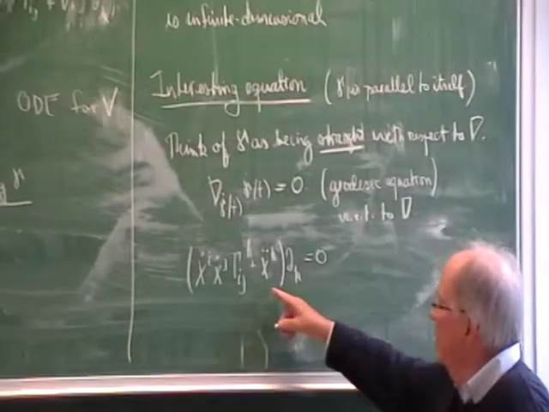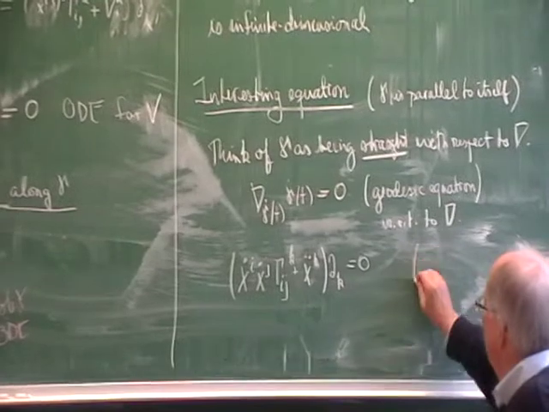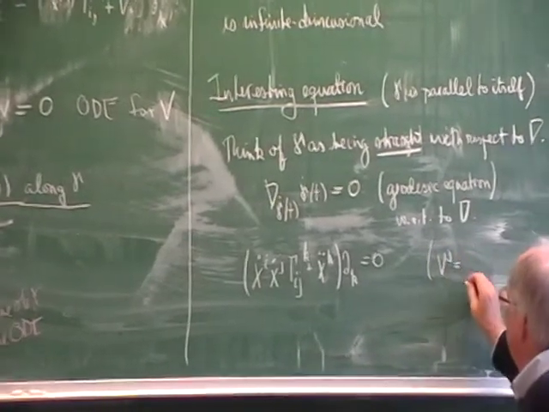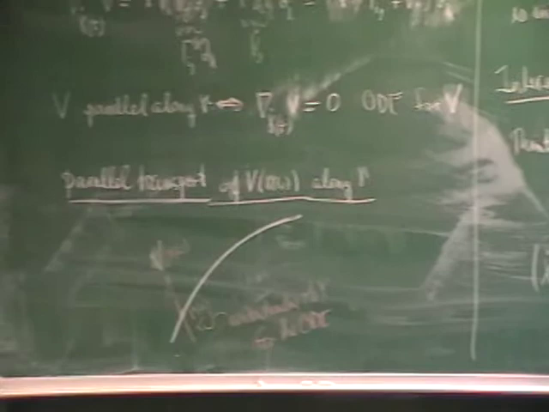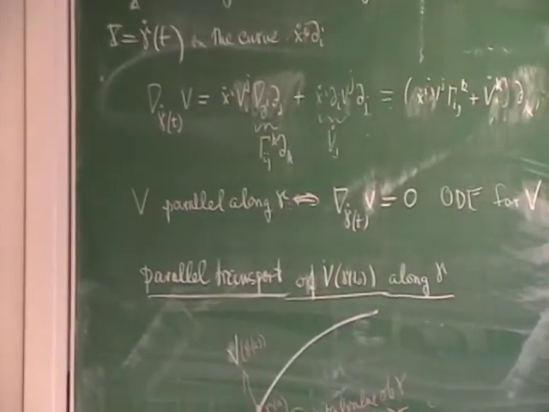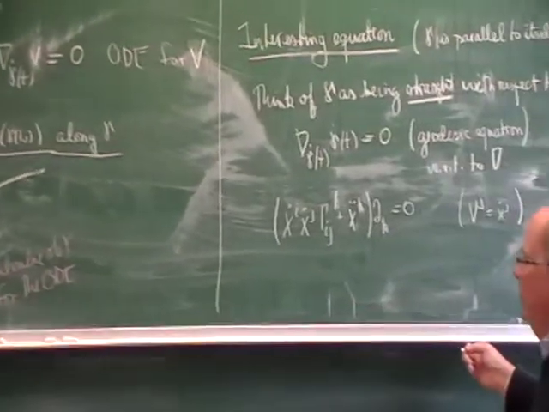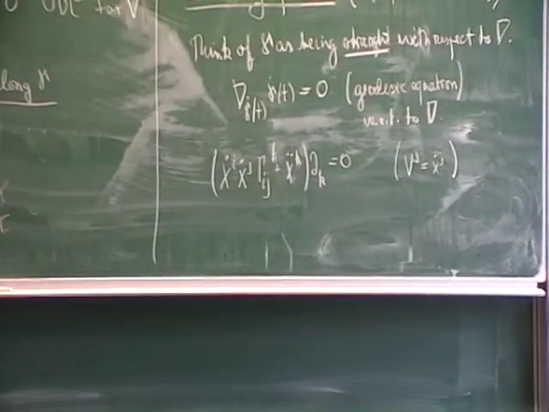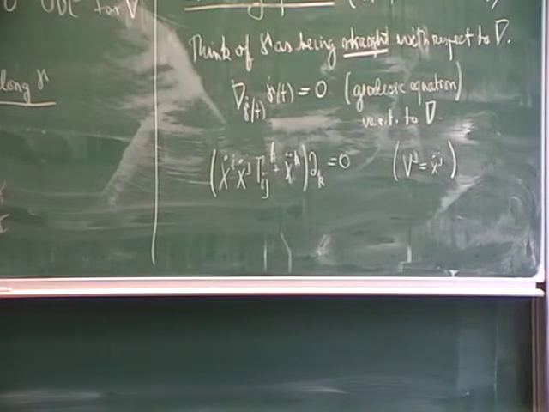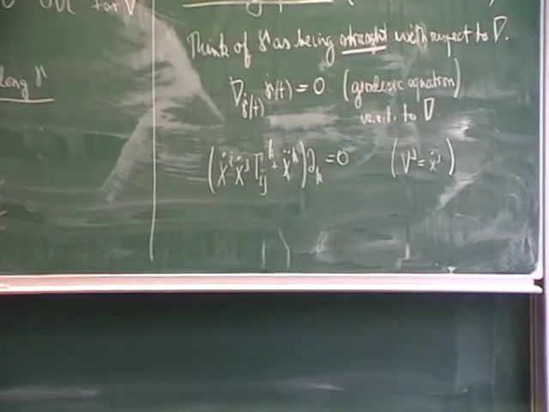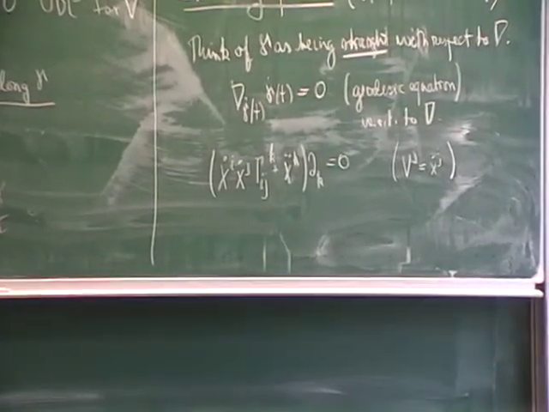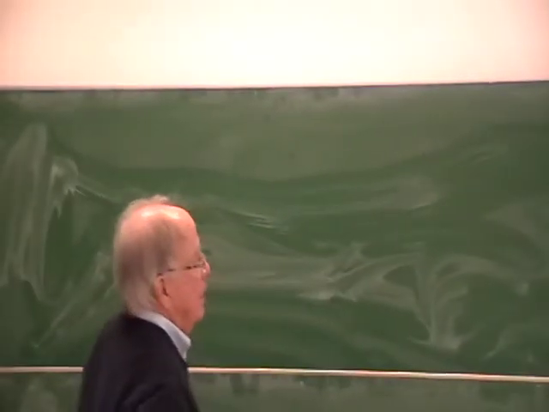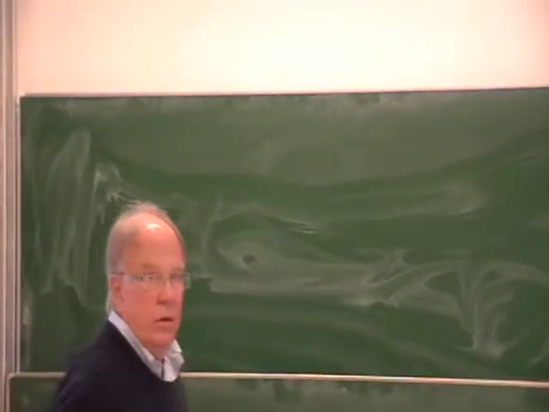All I did here was put in Vj equals x dot j. That is the equation for the thing being straight. So that is a second order ODE.